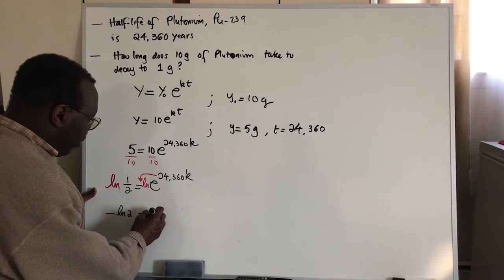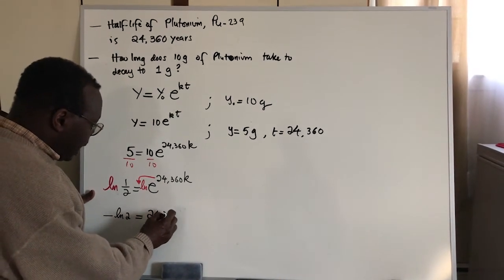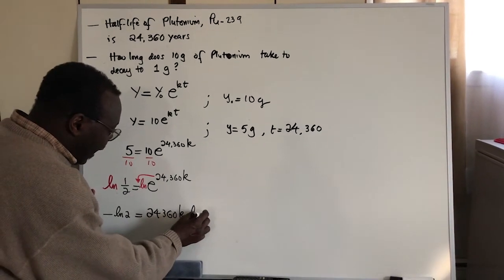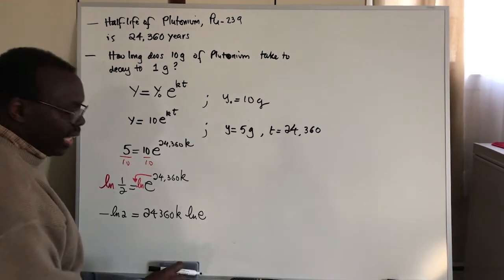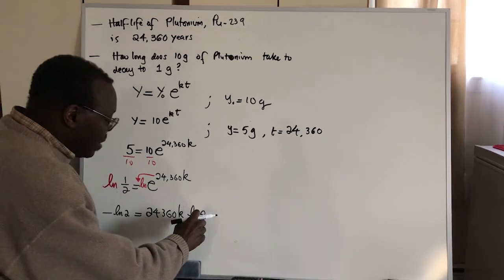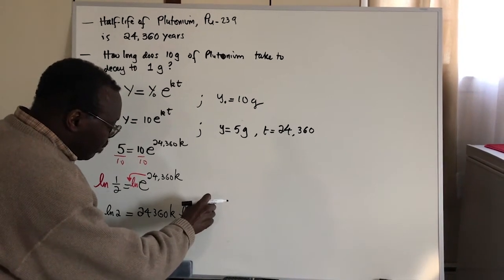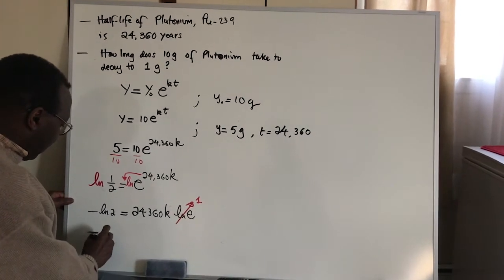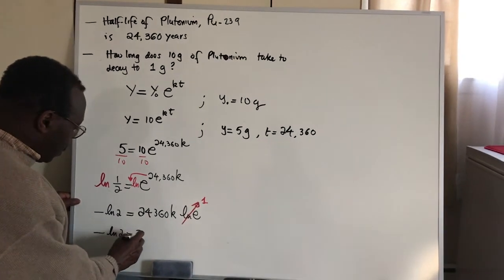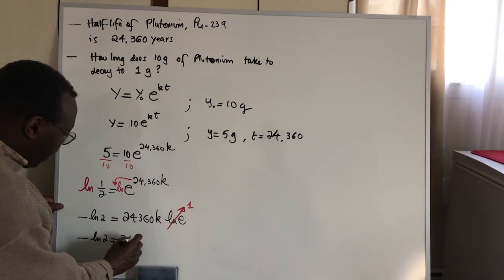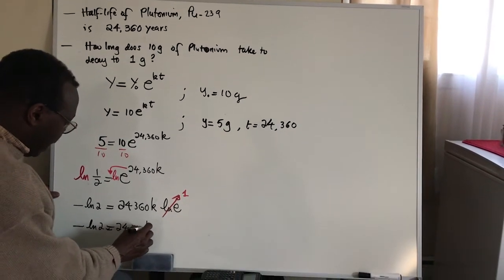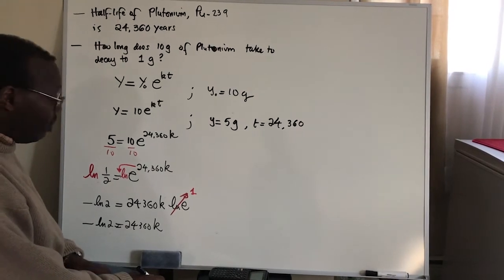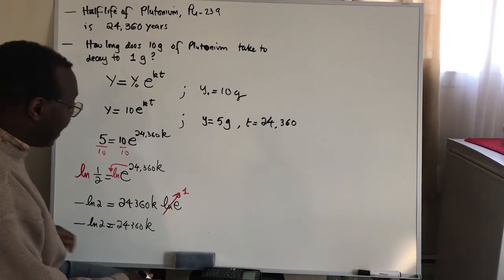So now we have negative ln 2 is equal to 24,360k times ln e. And we know that ln e is 1. So this turns out to be negative ln 2 is 24,360k. The only thing that we don't have is k. All we have to do is divide by 24,360.